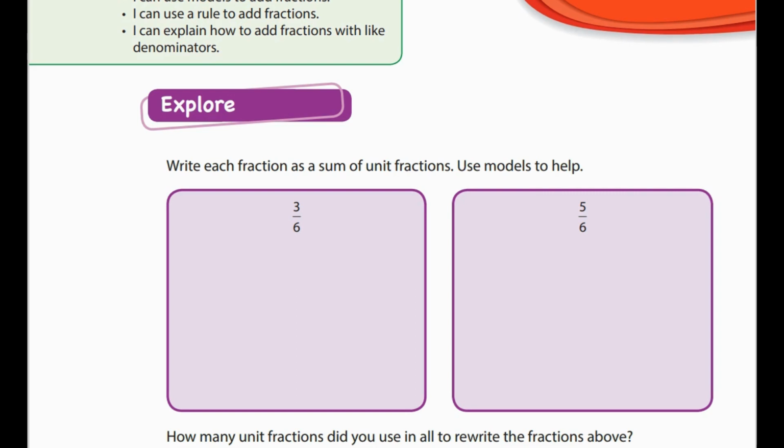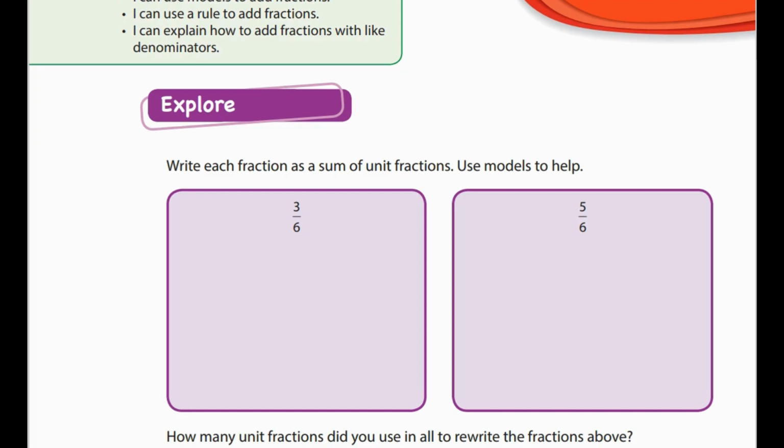On our last lesson, we did lesson 7.1. Here we're doing lesson 7.3, not 7.2, because it's really a continuation of lesson 7.1. So let's jump right on in. In lesson 7.3, just as in 7.1, we are going to be adding fractions with like denominators.